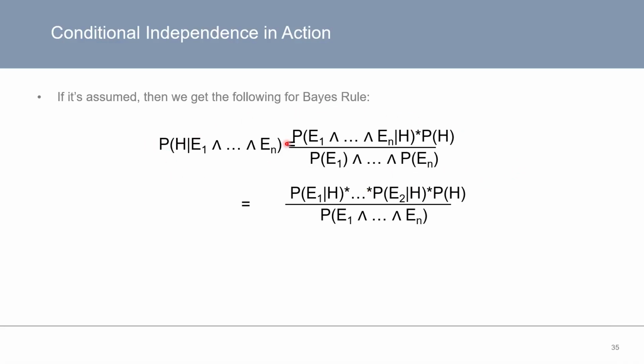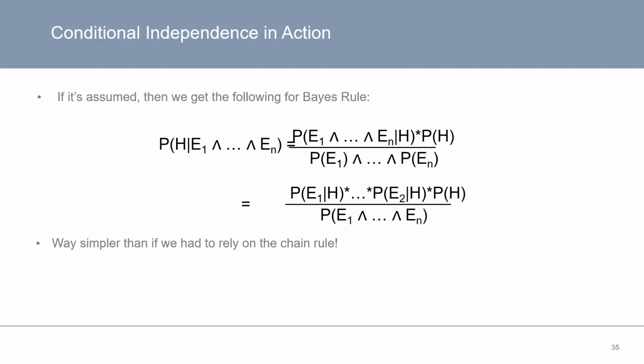First, we can write it like this, where we have the probability of jointly having all these pieces of evidence given the hypothesis, times the prior probability of the hypothesis, divided by the joint probability of all evidences. This can further be written as such, where we have the conditional probability of each piece of evidence given the hypothesis, all multiplied by one another as well, and again multiplied by the prior probability of the hypothesis. This again is divided by the joint probability of all pieces of evidence.